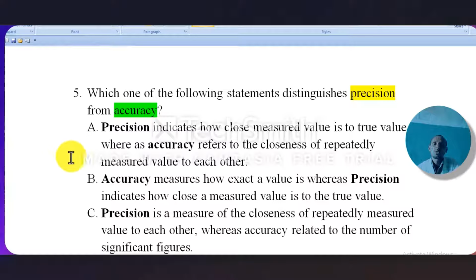Choice B, accuracy measures how exact a value is, whereas precision indicates how close a measured value is to its true value. Choice C, precision is a measure of the closeness of repeatedly measured values to each other, whereas accuracy is related to the number of significant figures.